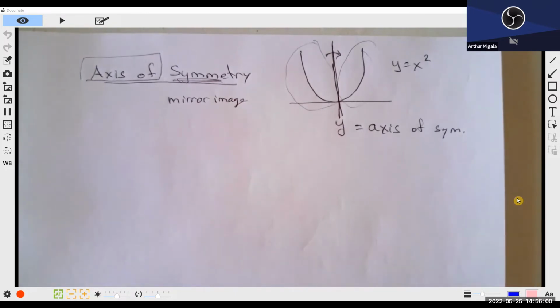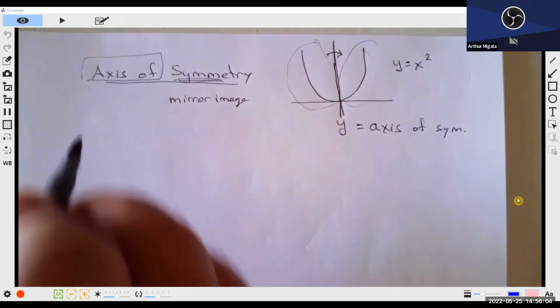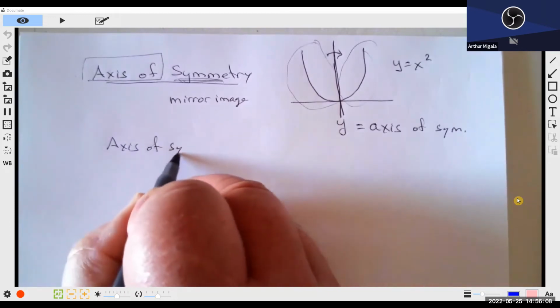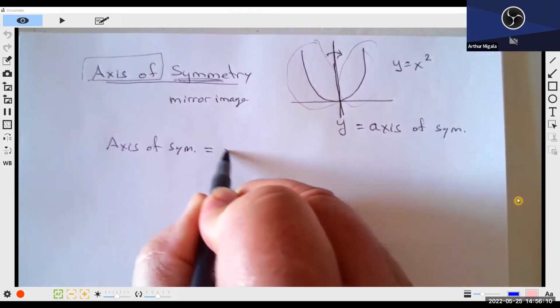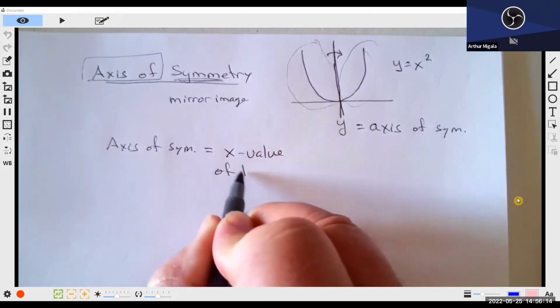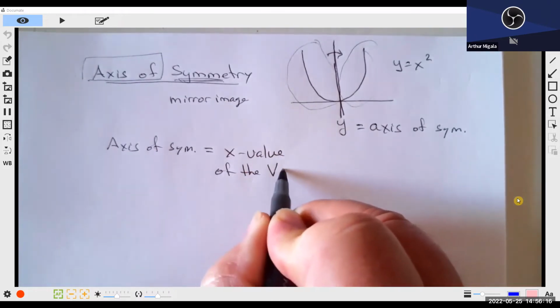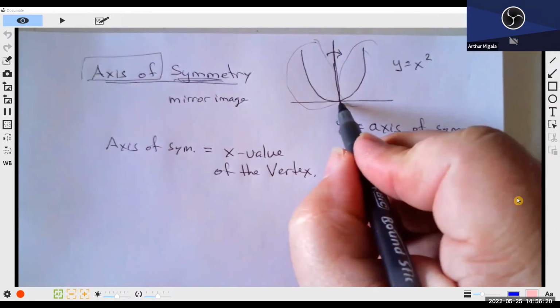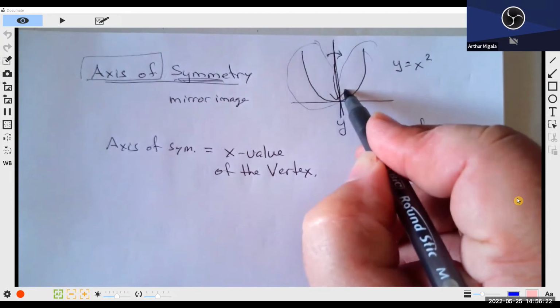I could keep on doing examples, but let me show you the shortcut, what it really means. The axis of symmetry is the x value of the vertex. So what's the x value of the vertex?